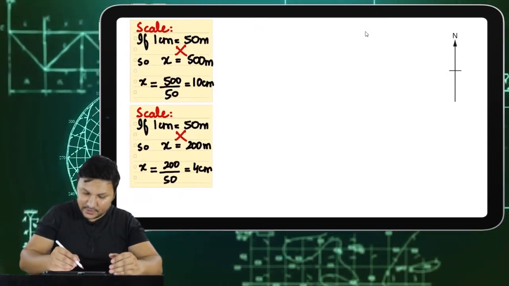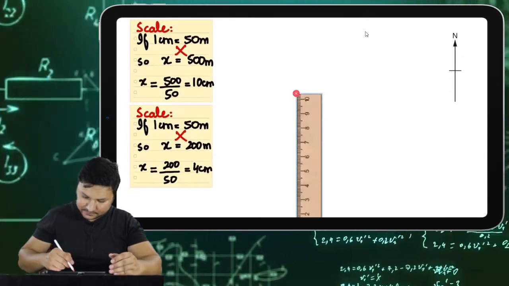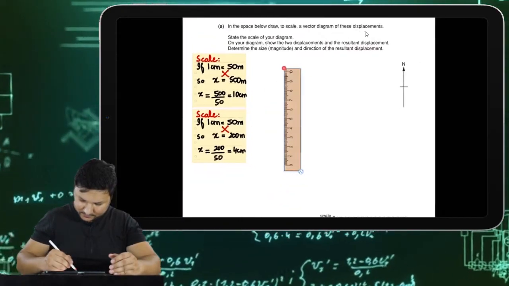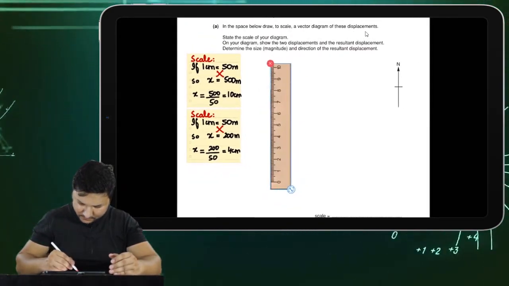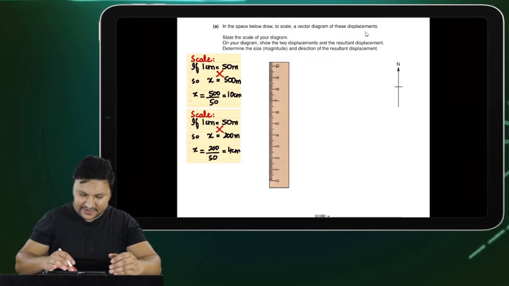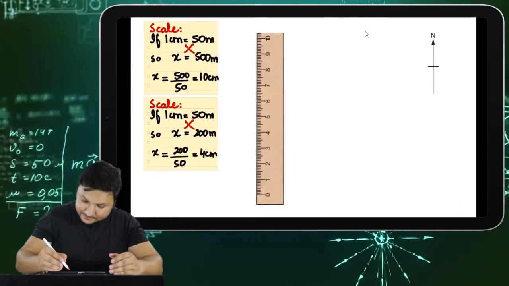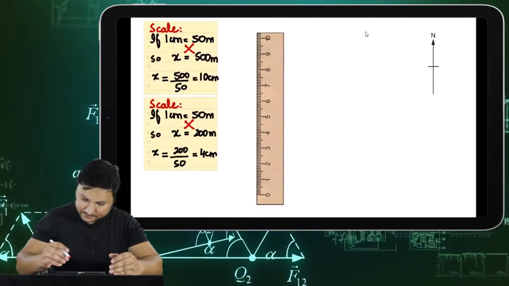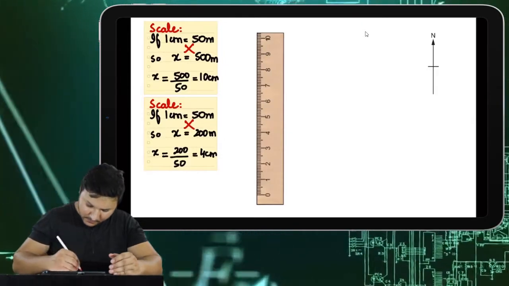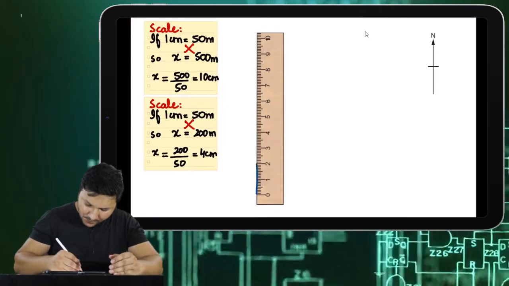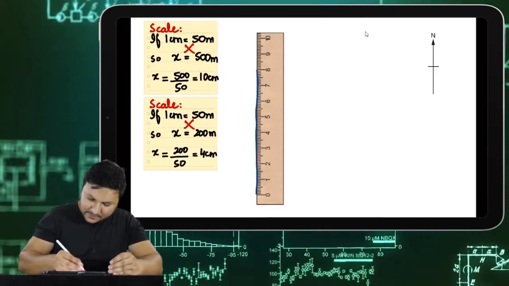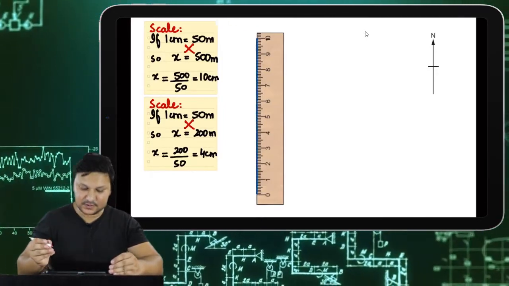And let me bring a ruler. That is a vector of 500 meters towards north, and this vector must be of 10 centimeters.